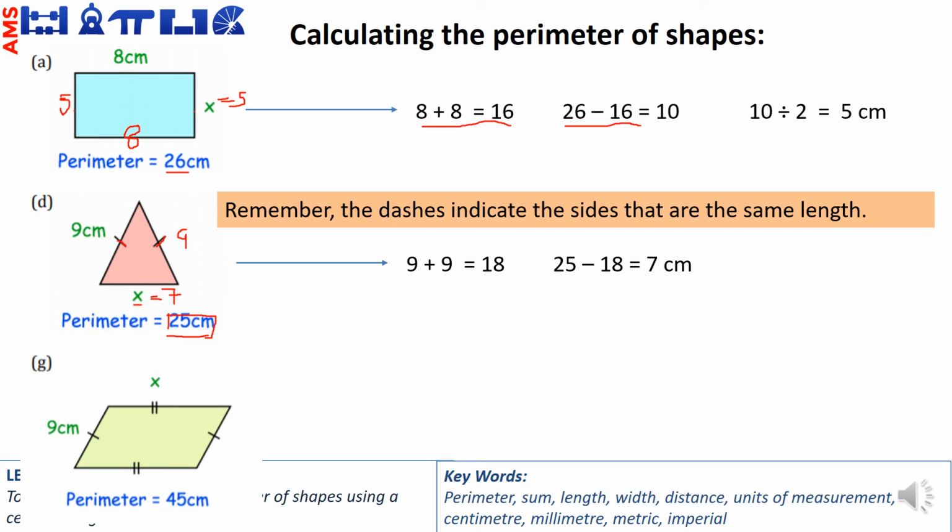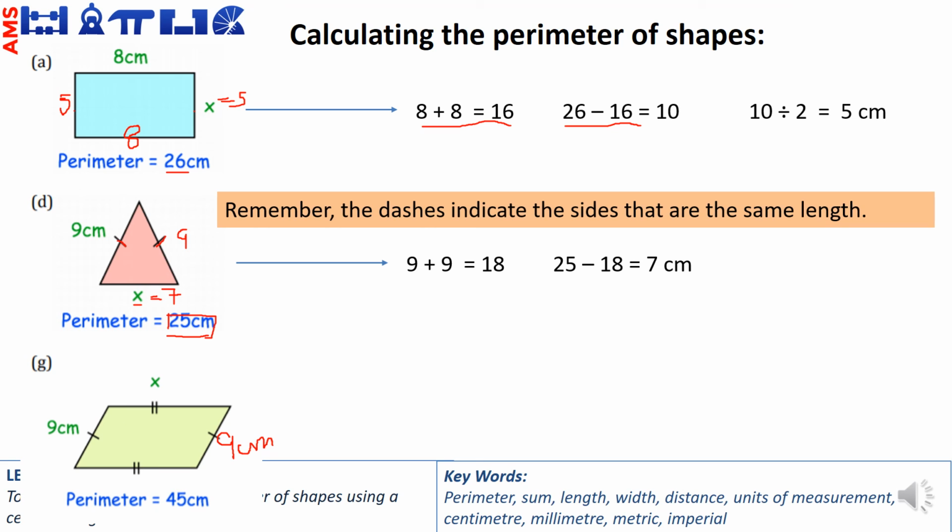And our last example on this slide is again to work out X, where the perimeter of the parallelogram is 45 centimeters. The dashes indicate that the lengths of the sides are the same. And so the opposite side to 9 centimeters is 9 centimeters.